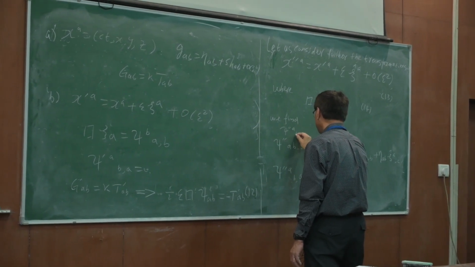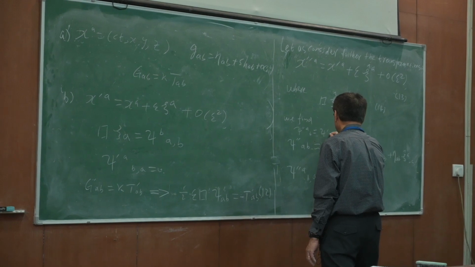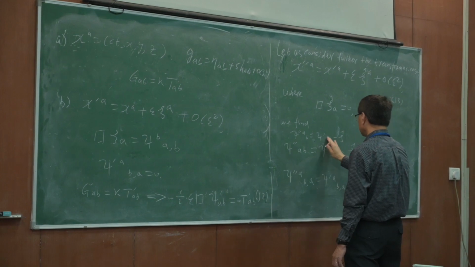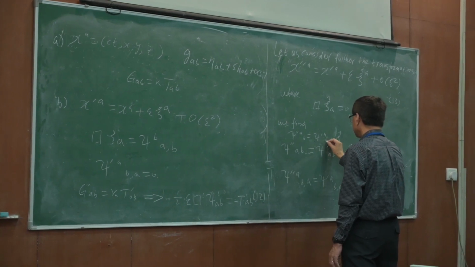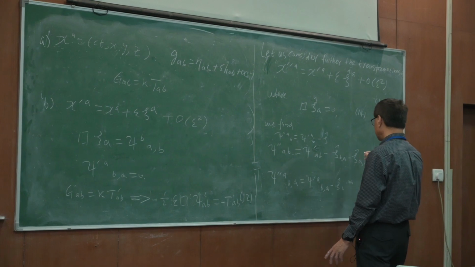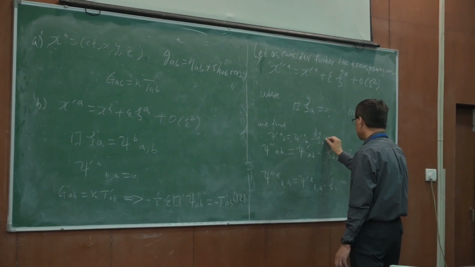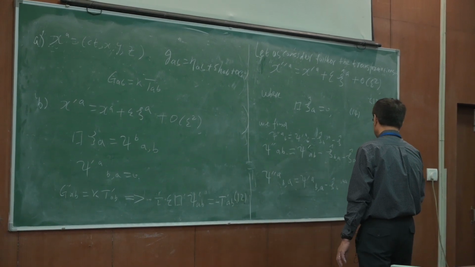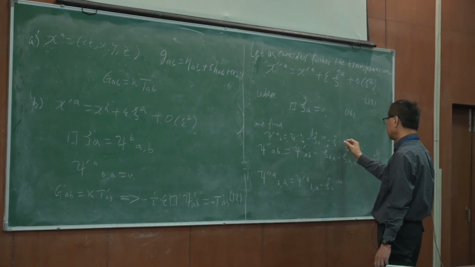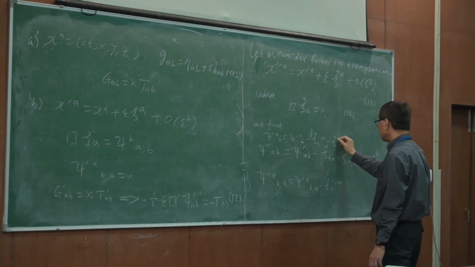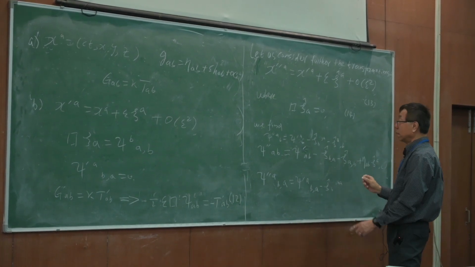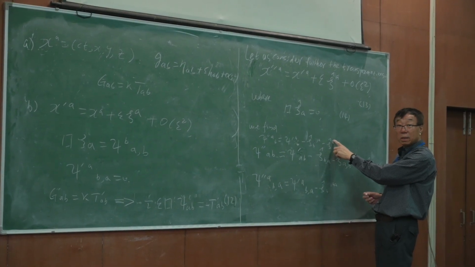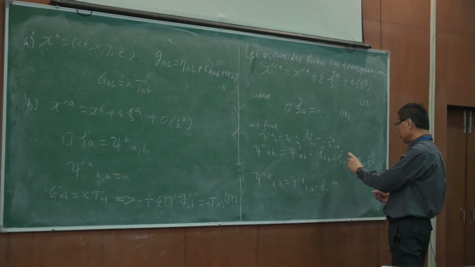h double prime AB equals h prime AB minus the epsilon terms. So I raise A, this will be B, A minus the other term. This is the component up with the derivative down.